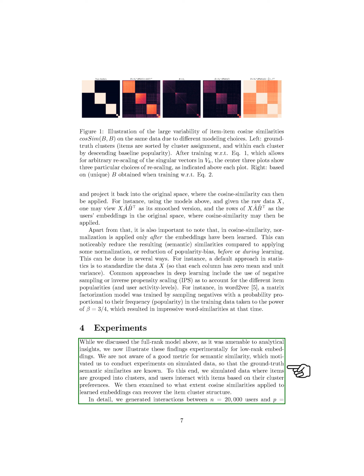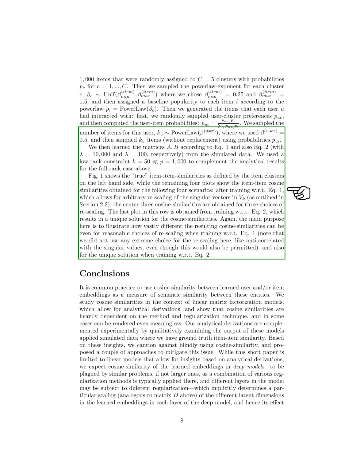The experiments involved generating simulated data, learning matrices A and B from the data, and analyzing the item-item cosine similarities under different scenarios. These experiments shed light on the impact of training objectives on the resulting cosine similarities and emphasize the need for careful consideration in model training.